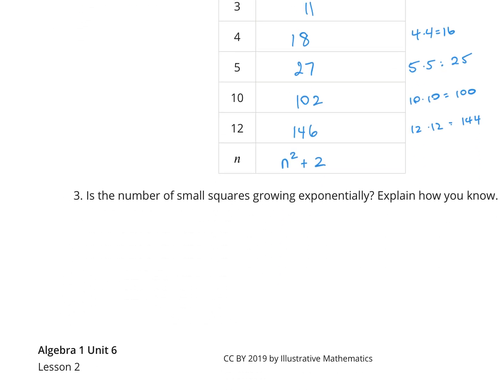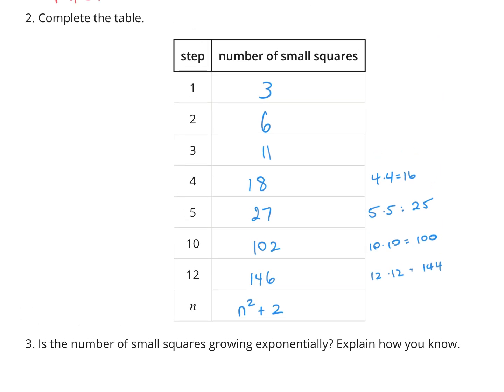The last question says, is the number of small squares growing exponentially? Explain how you know. So other than noticing the n squared, we can dive in deeper to see if there's a growth factor, right? In order for it to be exponential, if we take a term and divide it by the previous number, that is our growth factor, and it should stay consistent.